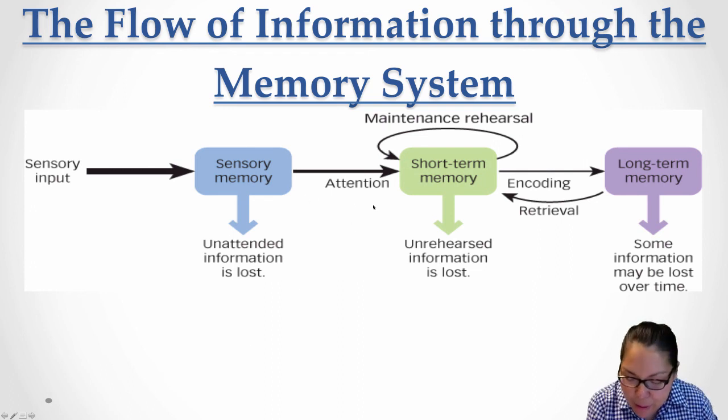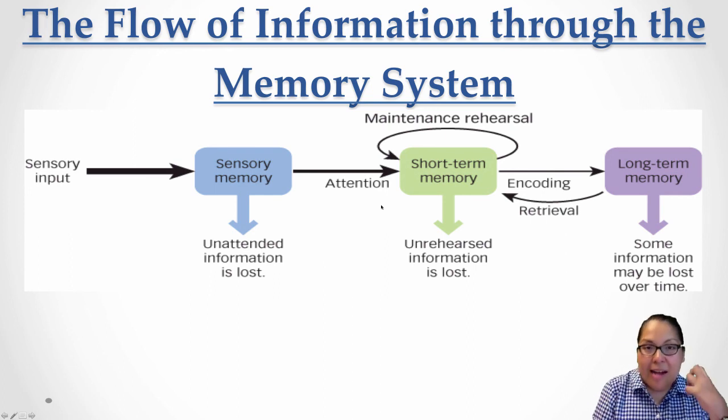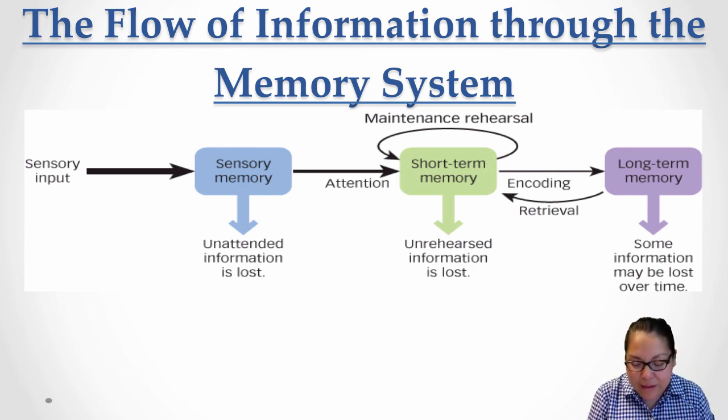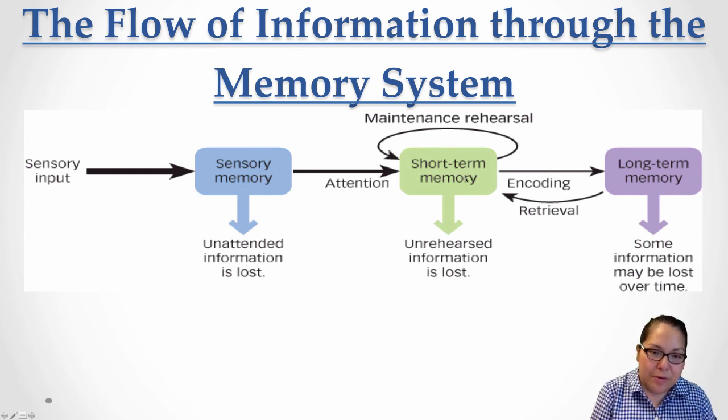But if you are writing notes, thinking about what I'm saying, paying attention, and you're actively engaged with this lecture, that information then goes into your short-term memory. And if you actively rehearse it, then it stays in your short-term memory.